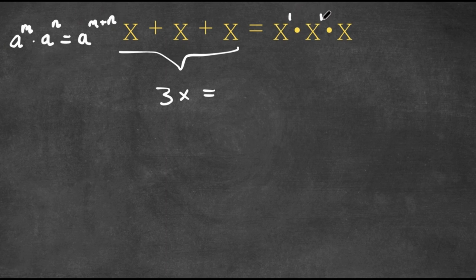All of these degrees are 1. So meaning x to the power of 1 times x to the power of 1, this would equal x to the power of 1 plus 1, and 1 plus 1 is 2, so we have x squared.